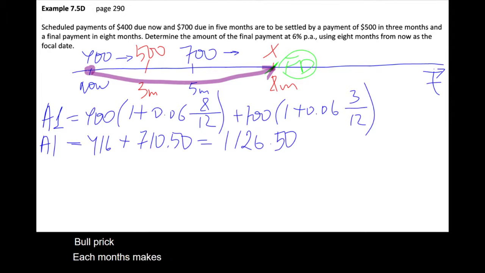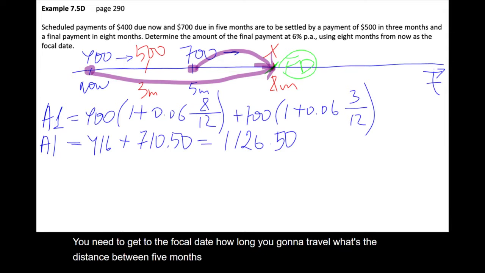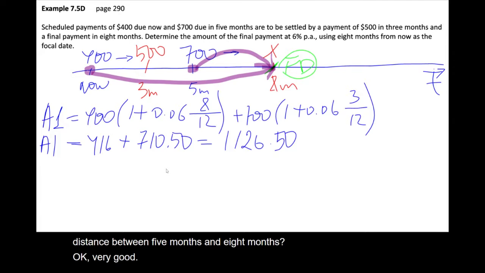Make sense? Now, you are at the point of 700. You need to get to the focal date. How long are you going to travel? What's the distance between 5 months and 8 months? Okay, very good. Any other questions, guys?